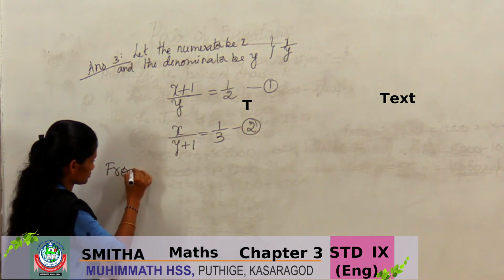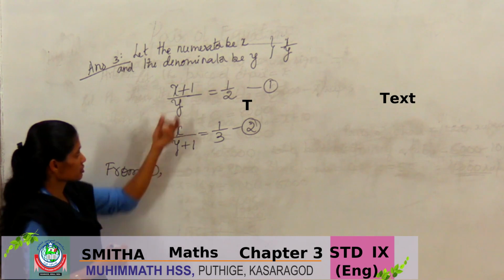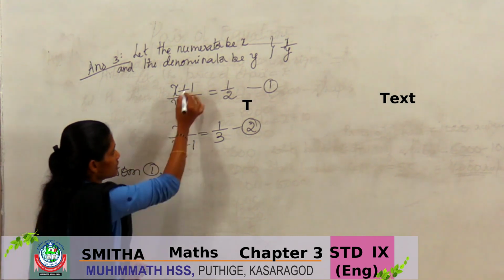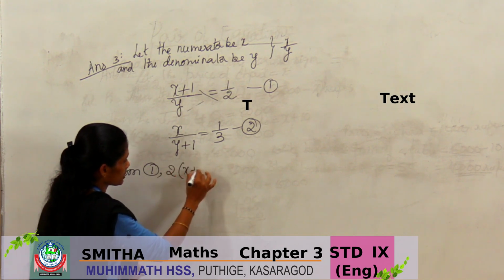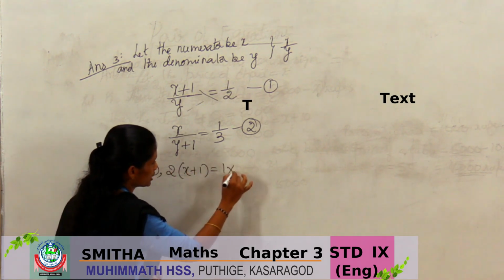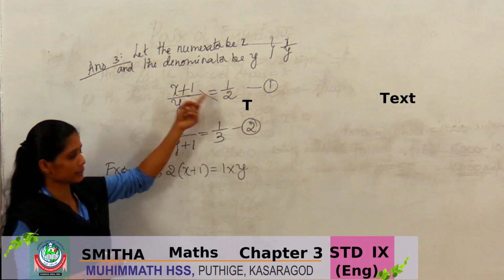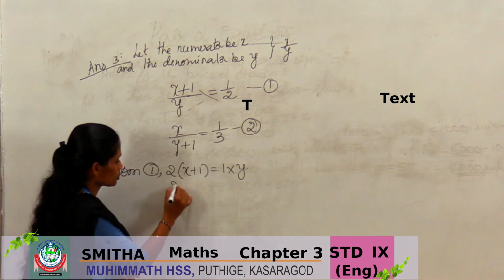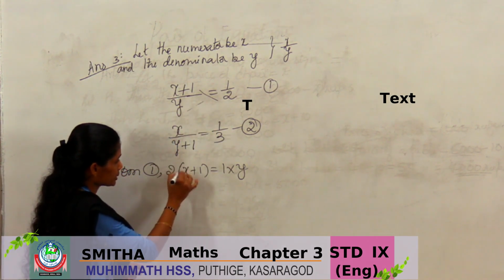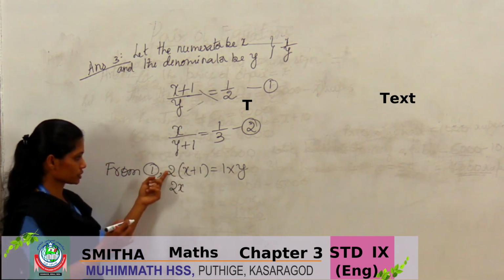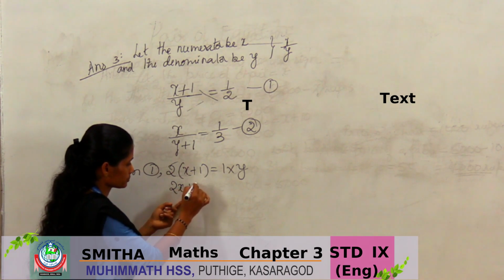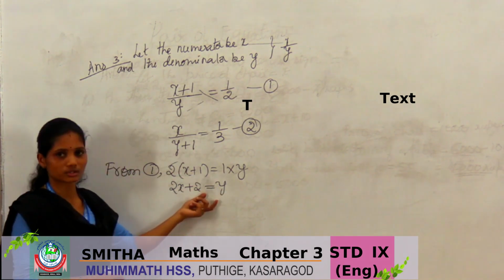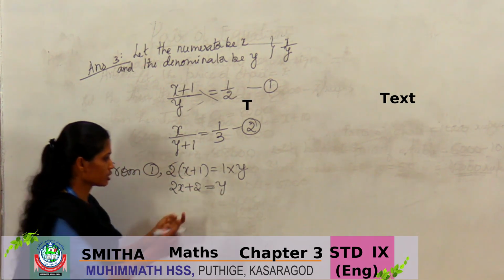From 1, we'll simplify it by cross multiplying. 2 into x plus 1 is equal to 1 into y. Cross multiplying, so 2x, opening the bracket by multiplying 2 into x, 2x, 2 into 1 is 2, equals y. 2x plus 2 equals y.